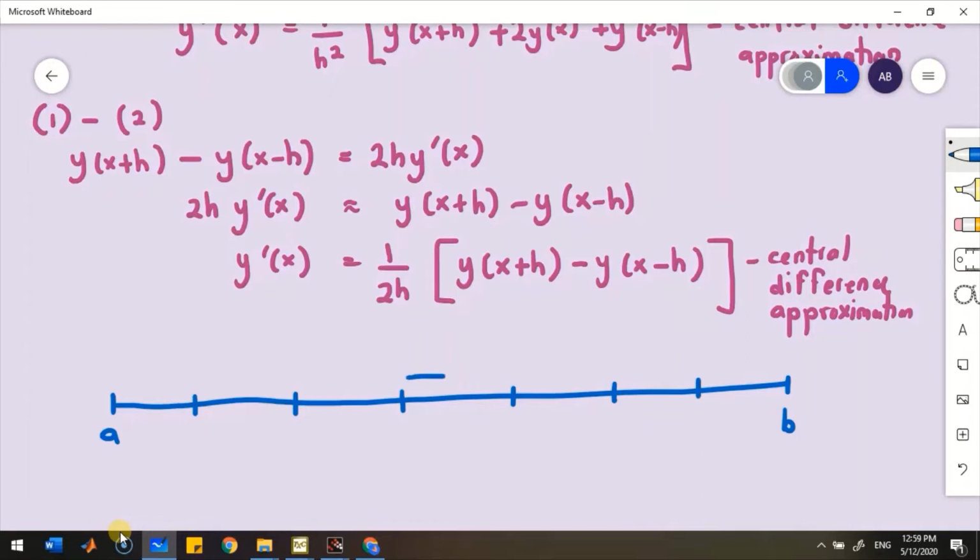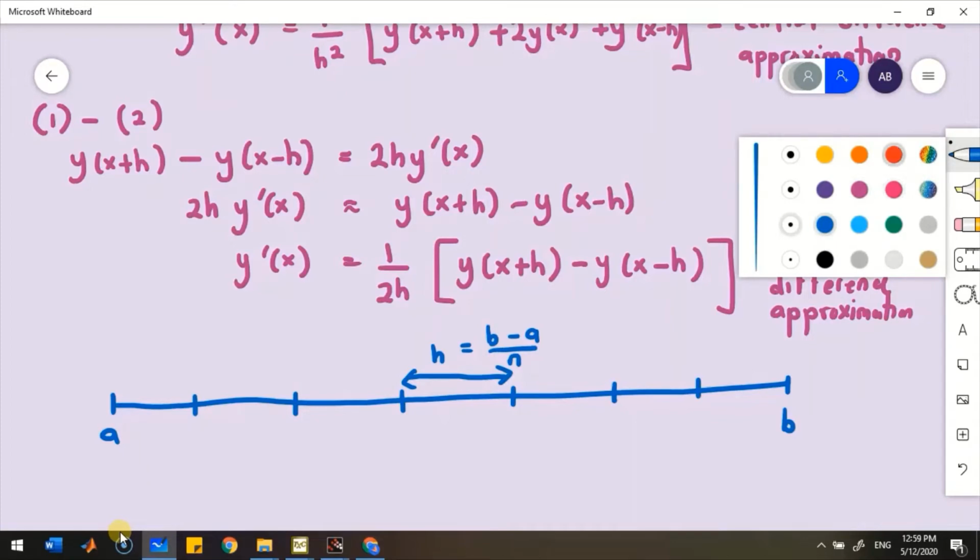Each length is given as the step size h, where h is (b minus a) over n, with n the number of sub-intervals. The point at a is my x naught.